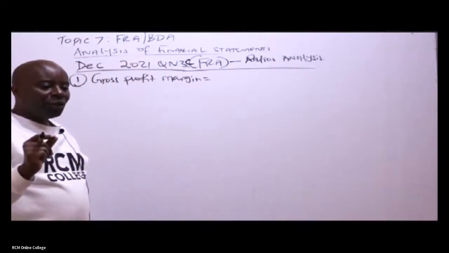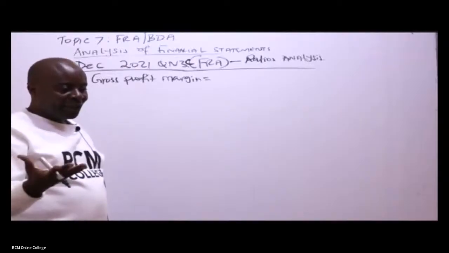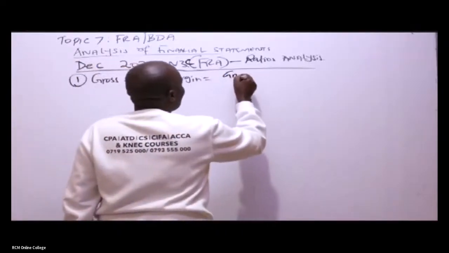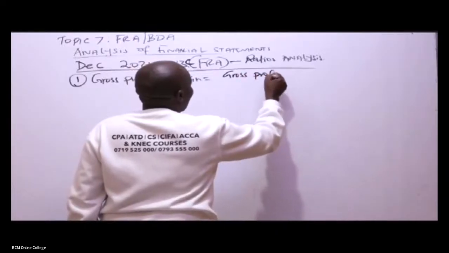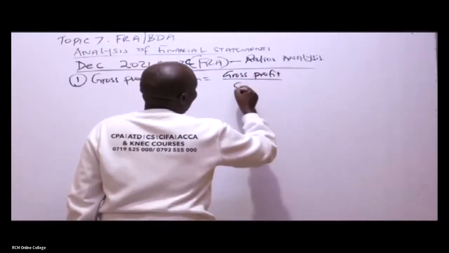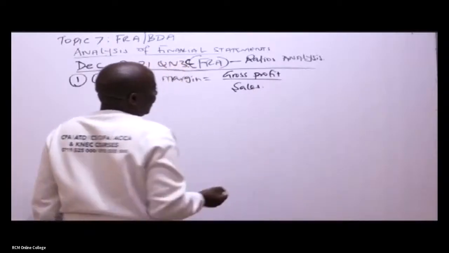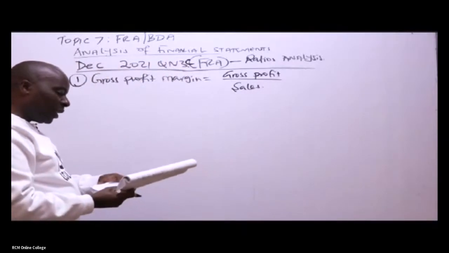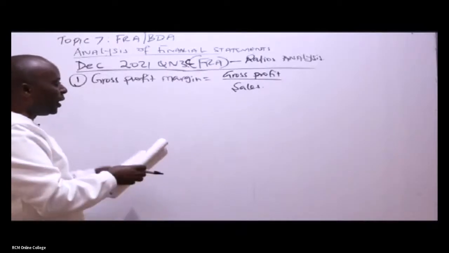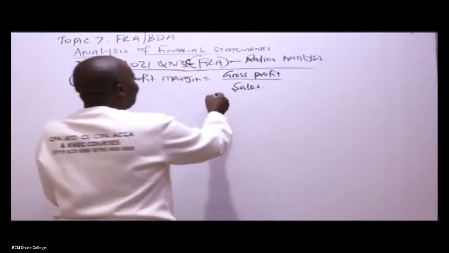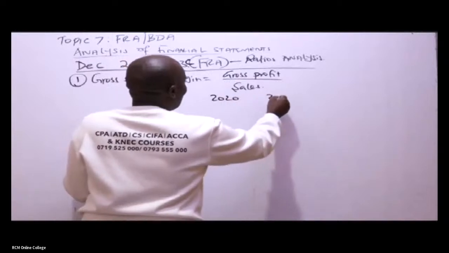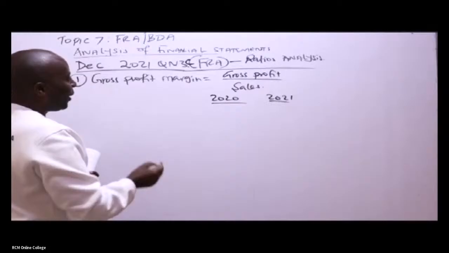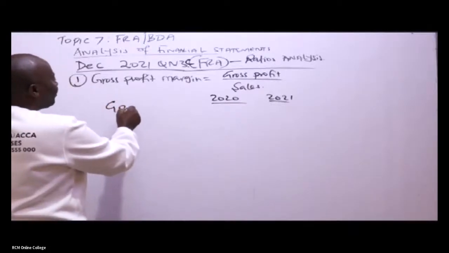Anytime we see the word margin, there must be sales at the denominator. So gross profit margin is gross profit over sales. Let's calculate this for each of the 2 years, 2020 and 2021.